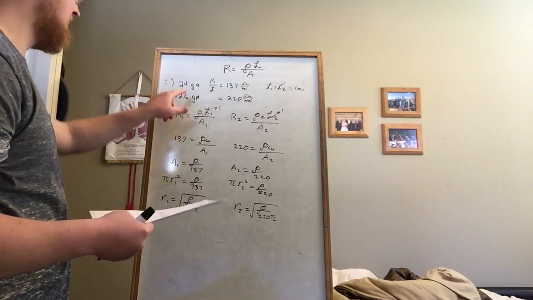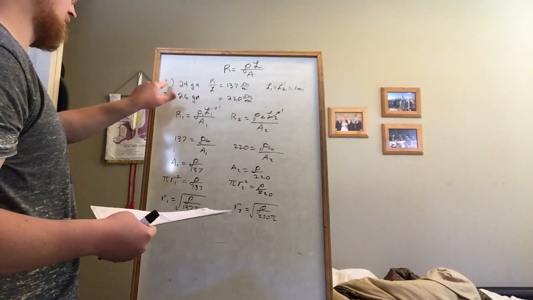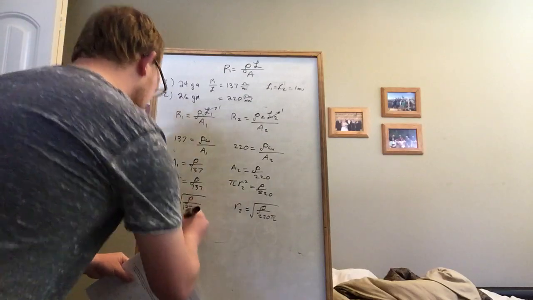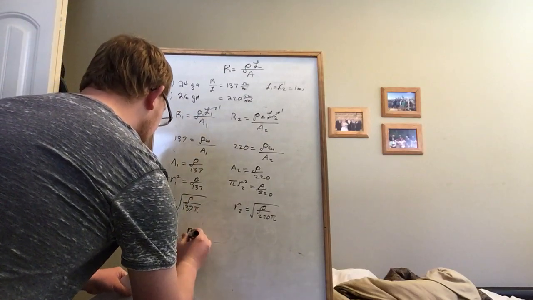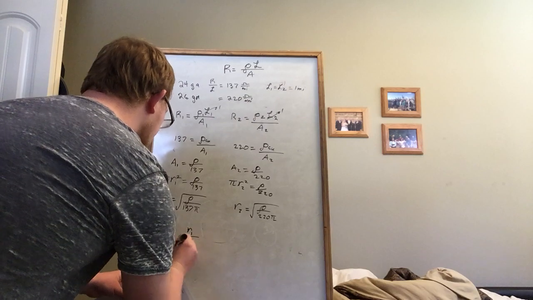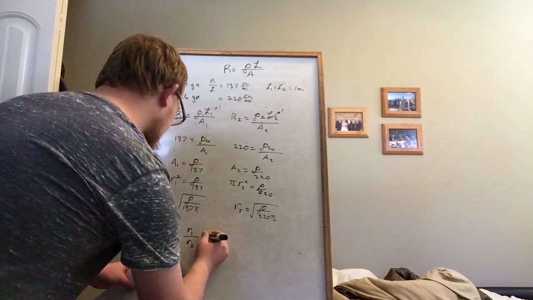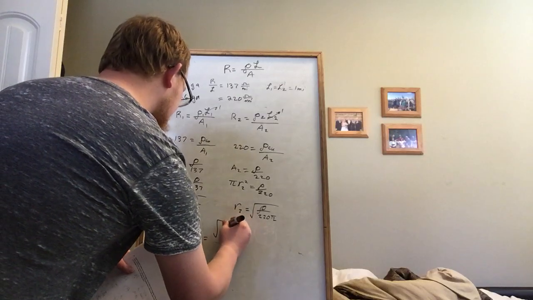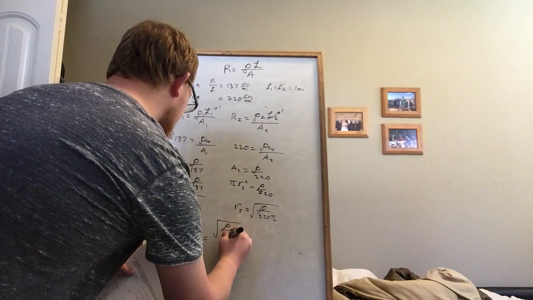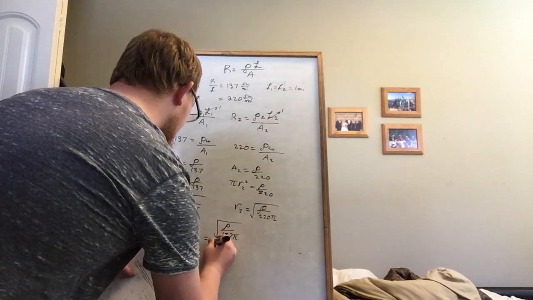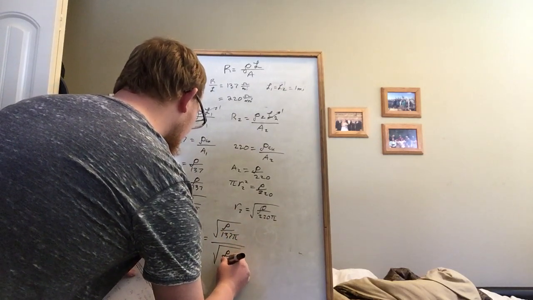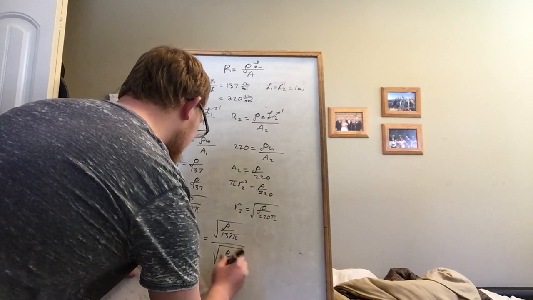So that means the 24 gauge wire, or R1, is going to be on top of the ratio. We're going to put R1, the 24 gauge wire, over R2, the 26 gauge wire. And that's going to give us our ratio. So R1 is rho over 137 pi, and R2 is rho over 220 pi.